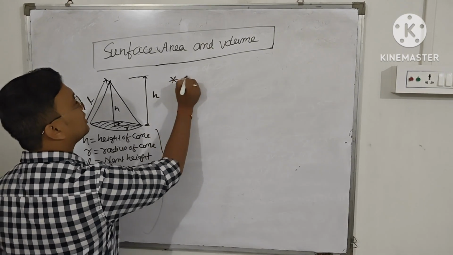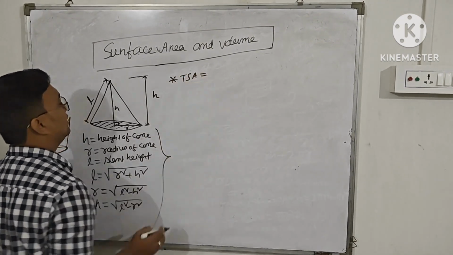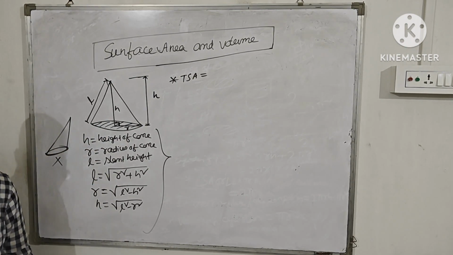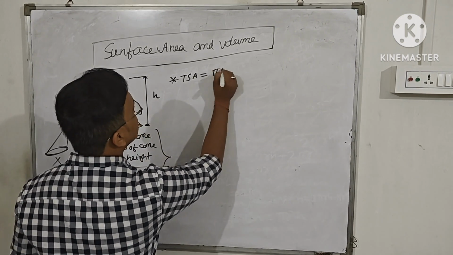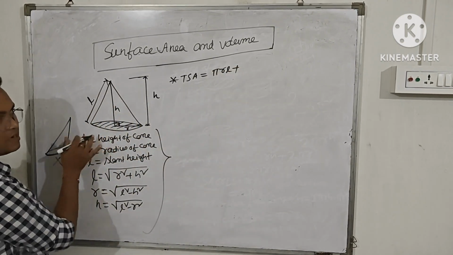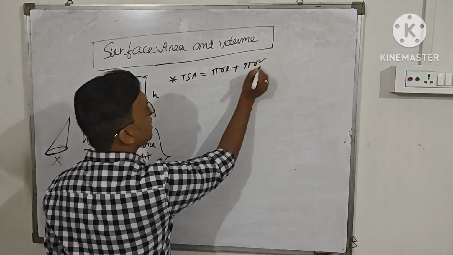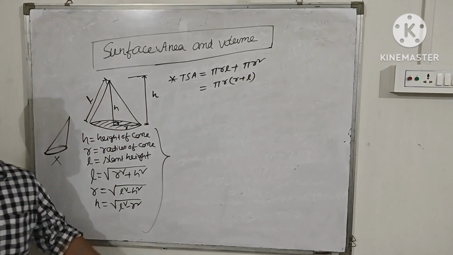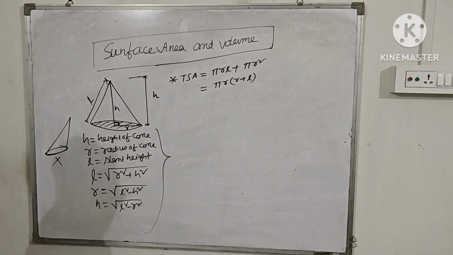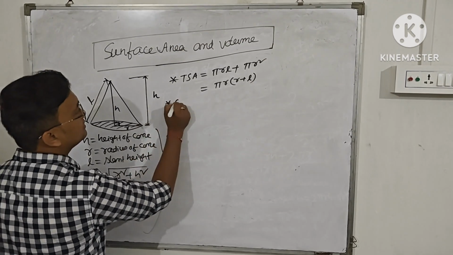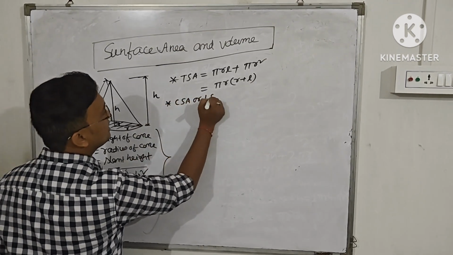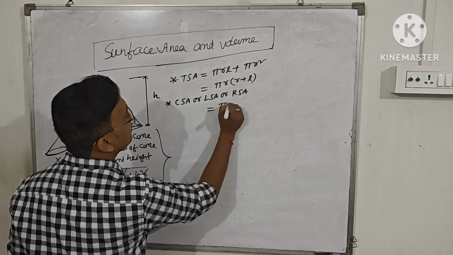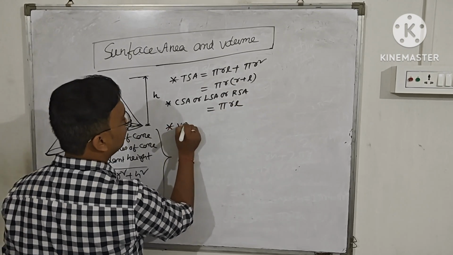Now what is total surface area? There is a curved surface of this cone and there is a flat surface for this cone. So curved surface is pi r L, flat surface is a circular surface, that is pi r square. Take pi r as common, so total surface area of cone is pi r into r plus L. Then CSA or LSA or RSA of a cone is only pi r L. Finally, volume.